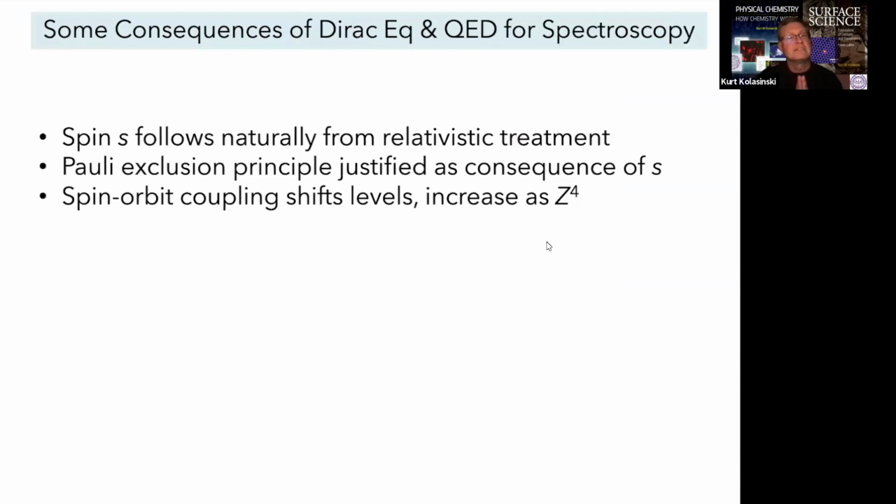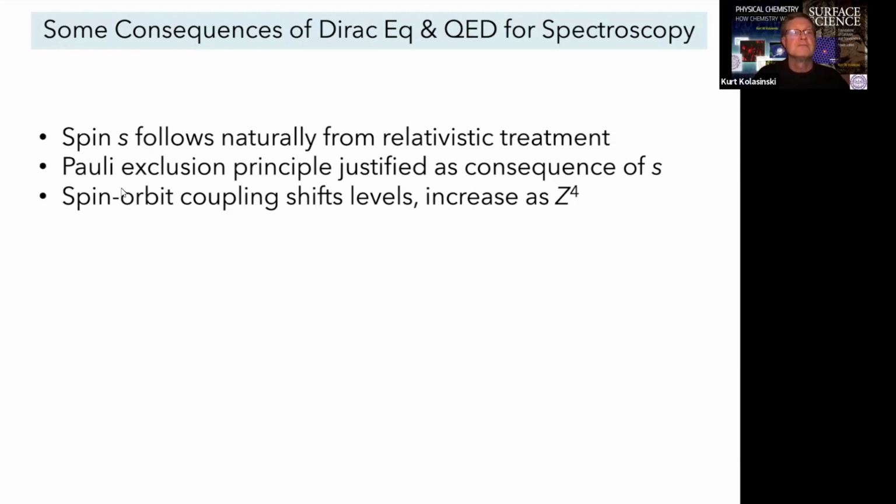Okay, so again, to summarize some of these consequences of the Dirac equation and QED on spectroscopy, right? The Dirac equation discovers spin a priori. It falls out naturally after we do a full relativistic treatment. It then explains the Pauli exclusion principle and justifies it as a consequence of this spin that came about from quantizing in 4 dimensions.